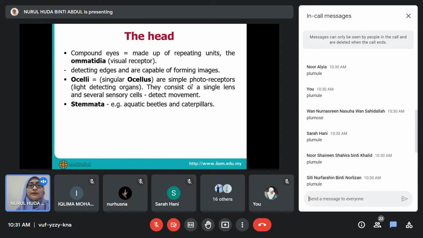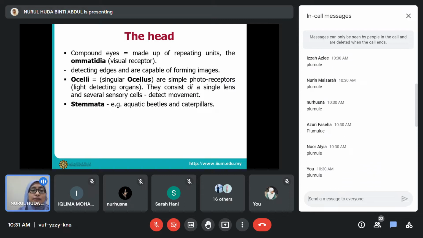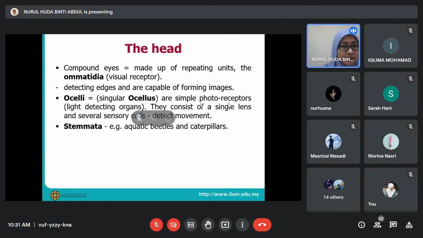Okay, now in the head, we also find what we call compound eyes. Compound eyes are actually a repeating unit made of ommatidia, which we call small receptors. So imagine now you are hackers, okay? I'm sure kamu pernah tengok cerita hackers kan? They stay in a room with a lot of monitors that show different angles.